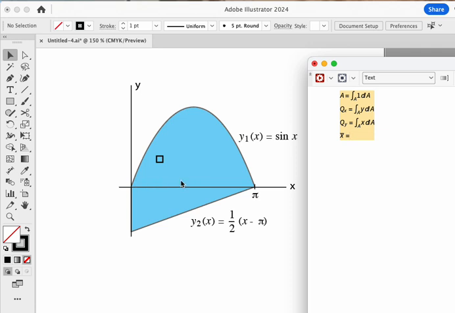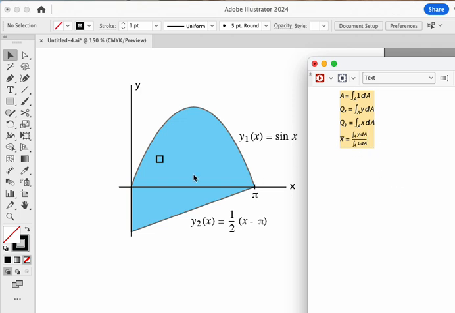So if I want to find x bar, then I'm doing the moment about the y-axis, which is the x distance, right? And it's going to be this right here divided by this right here. So that's how you find the centroid in the x direction.